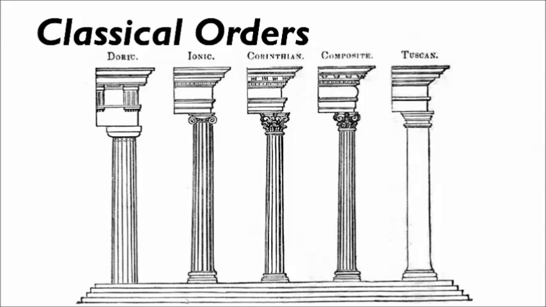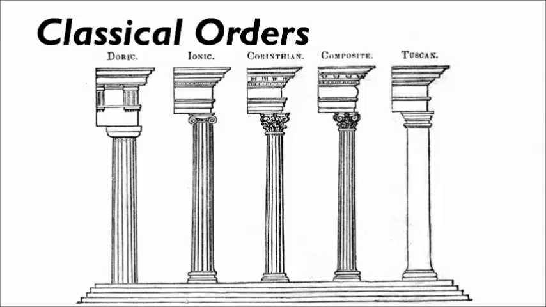And then the other columns are fluted, the Ionic, Corinthian, and composite column, meaning it has the fluted, or kind of the ridged column, but it does have a base at the bottom.